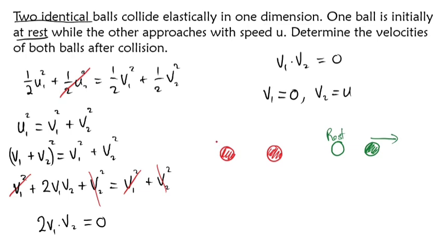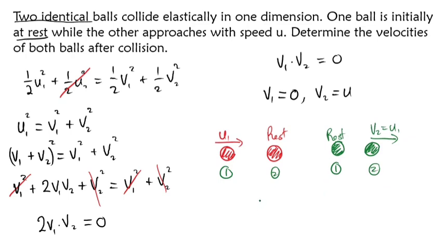That's what we're saying. This one was moving with a velocity u1. This one here was at rest. But after collision, because they're identical, they swap velocities. After the collision, they simply swap the velocities, and the velocity that the first one had becomes the velocity of the second one, or the other one comes to rest.